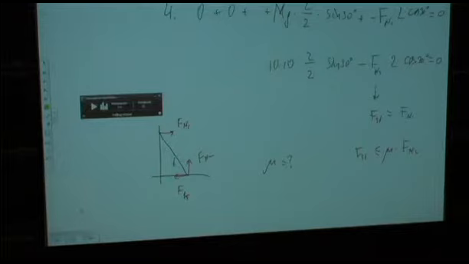And in this problem, we have only 2 vertical forces. The force of gravity acting on the ladder points down, and the normal force at the bottom points up. So these 2 forces also have to cancel each other out. That's, again, the force balance equation relative to the y-axis. So we can rewrite this.